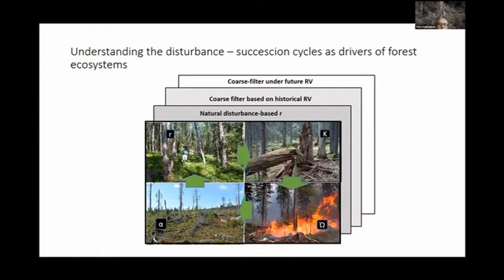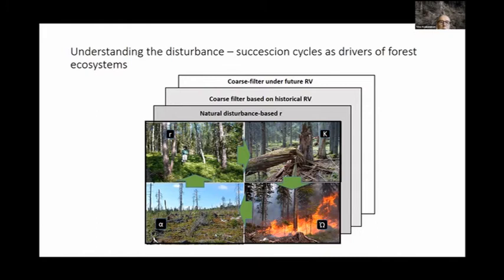And a key component in this view is to understand how the forest functions, and especially how the disturbance-succession cycle of the forest functions, because this is the fundamental cycle, or the engine, of the ecosystem that enables the maintenance of the health and qualities of the forest.